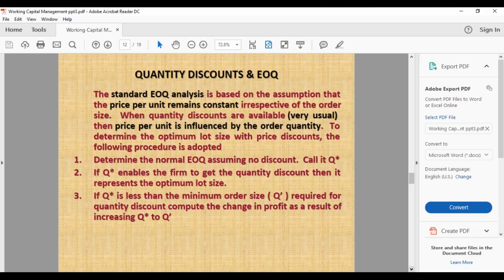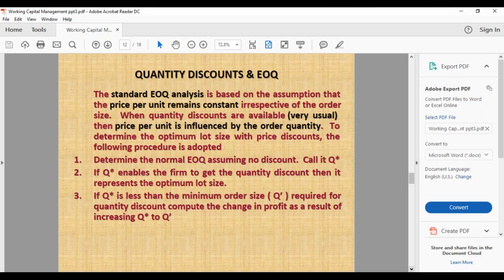So suppose the economic order quantity is Q star, and Q star is normally less than the minimum order size. In practical terms, if you are trying to minimize the cost of order, then the minimum order size, let us say, is Q dash. So you need to calculate the change in profit as a result of increasing from Q star to Q dash.